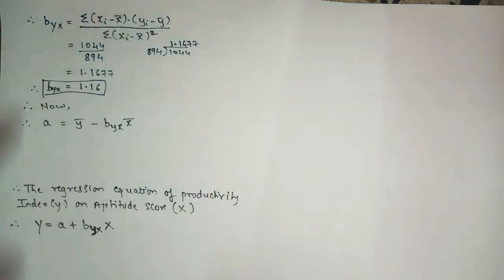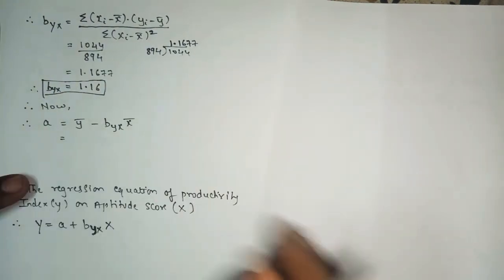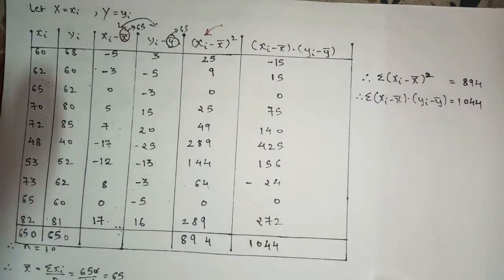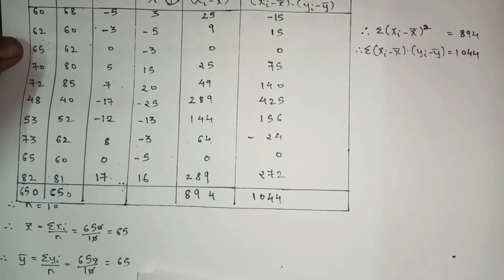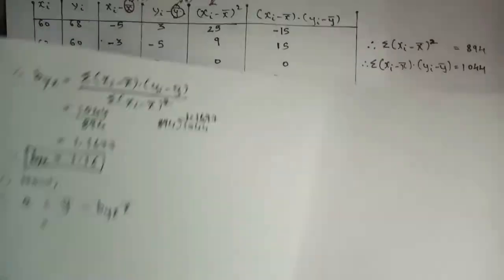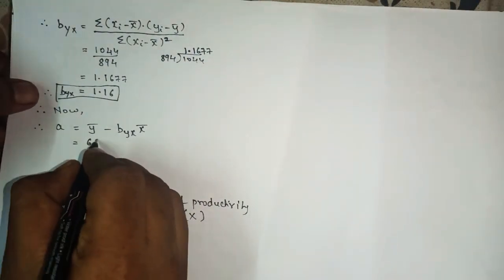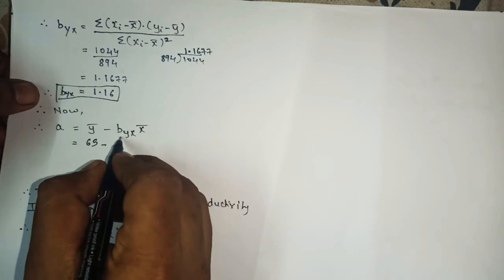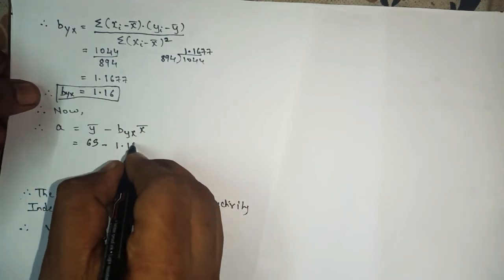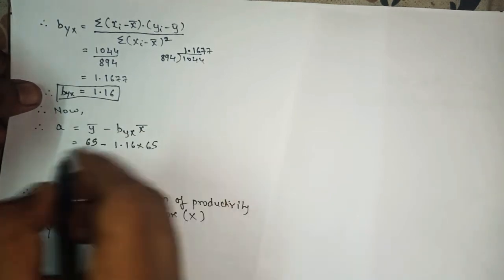Okay, after that we'll find a as y mean. So y mean is what? 65, and x mean is also 65. So here we'll write 65 minus 1.16 into x mean, which is also 65.